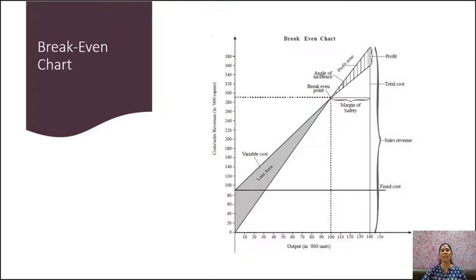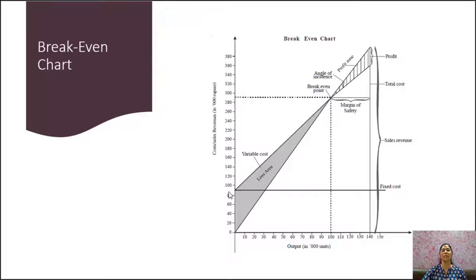So here we can see this is the x-axis where the output or the volume is given, and this is the y-axis where the cost or the sales revenue is given in terms of rupees. And we can see this line is called the fixed cost. Here the output in the beginning is 0, 0 because there is no output, but still the fixed cost comes here.